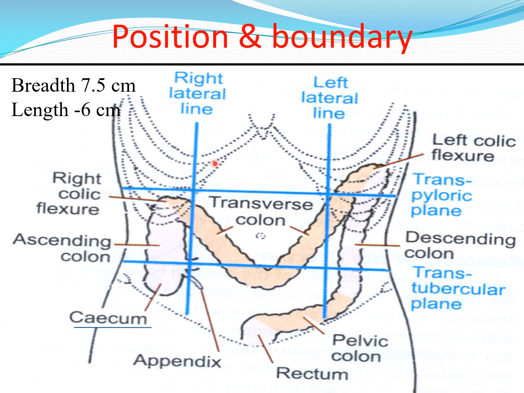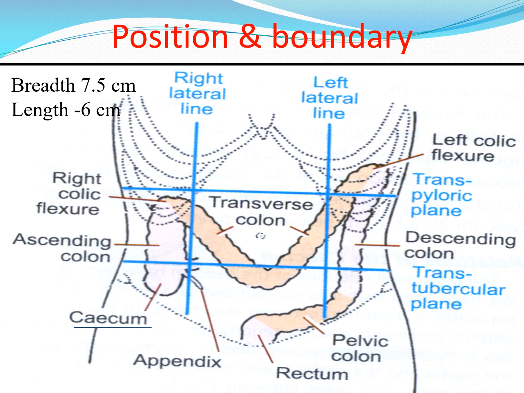Now position and boundary. Mainly the position of the appendix is in different presenting parts. The appendix presents a base, body, tip and the mesoappendix. The base is situated on the posteromedial wall of the cecum about 2 cm below the ileocecal junction. All the taeniae of the cecum converge to the base and serve as a guide for identification of the appendix.